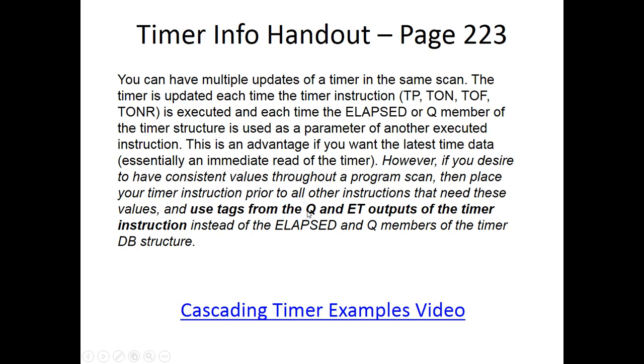Use tags from the Q and the ET. So from the done bit and the ACC, instead of using .Q and .ET, kind of like when we were using the .DN and the .ACC, just put tags on there, and that will take care of that.